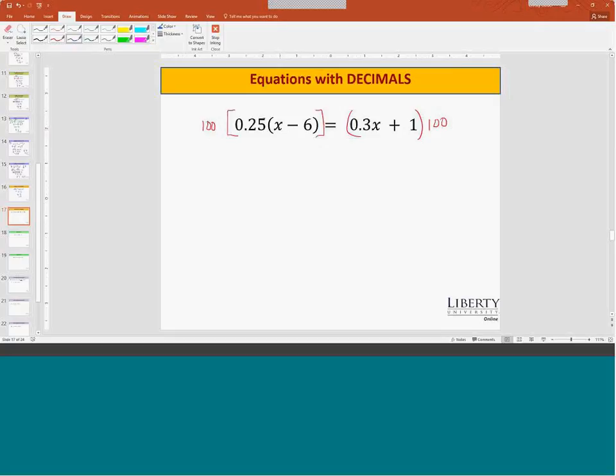Now, why is that? This 0.25 is going to be multiplied to the x and the minus 6. If you multiply every term by 100, that means that the 0.5 will get multiplied by 100, and then this will get multiplied by 100, but then when you distribute the 0.25 to the x and the minus 6, or to the x and minus 600, it's multiplied by 100 again.